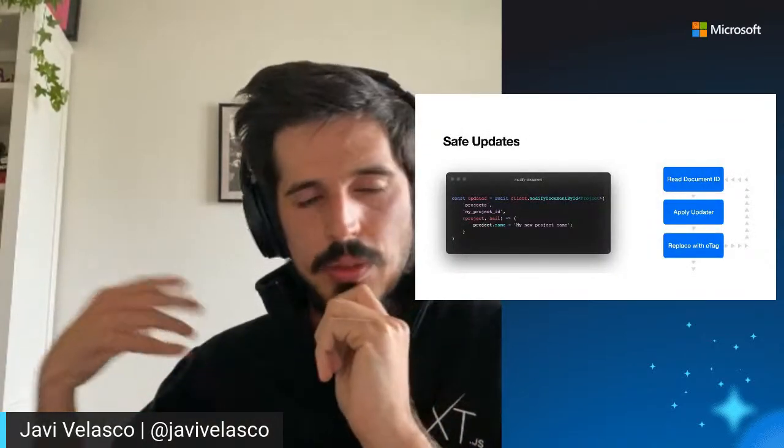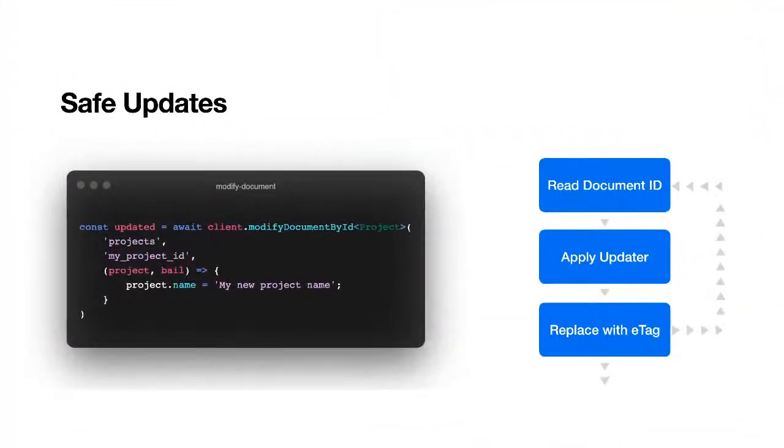Another one that is one of my favorites when it comes to reliability in our system is the ability to perform safe updates, avoiding race conditions and potential data loss. In systems where we are processing, like in ours, thousands of requests per second, and we have spawned jobs that are processing, accessing and mutating the same data concurrently, there is a very high risk of overwriting data because of race conditions.